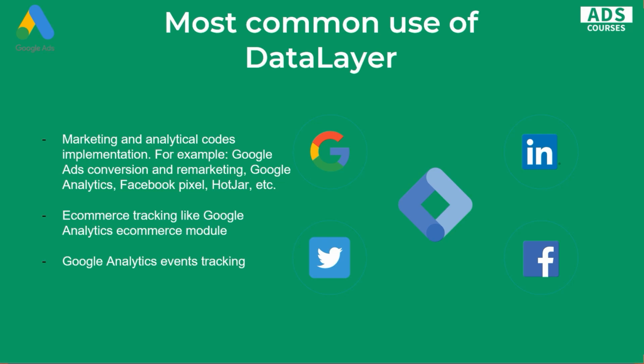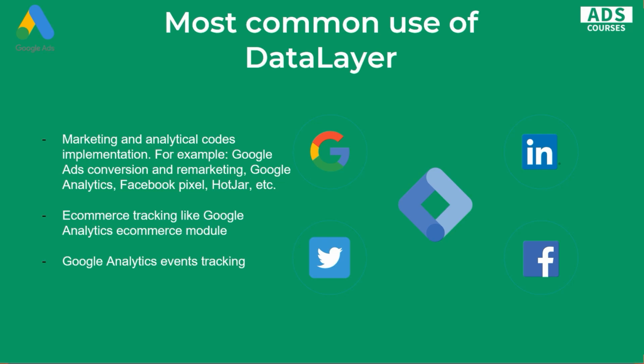Another one, very commonly used in the e-commerce industry, is simply the Google Analytics e-commerce module. You can implement this module and send product data into Google Analytics using data layer. It's actually the best way to do it.